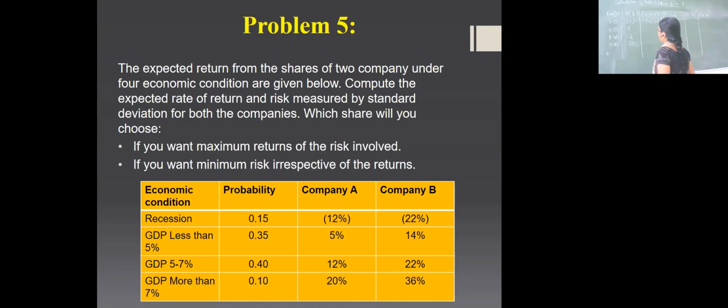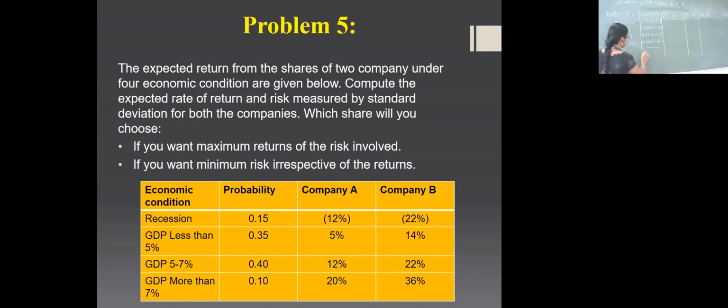Next one, 0.35 into 5 is 1.75. Next one is 0.4 into 12, which is 4.8. Next, 0.10 into 20, which is 2.